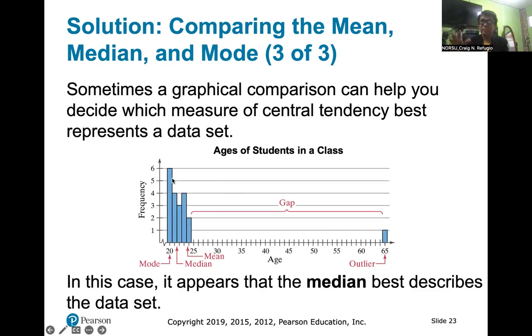There are examples in video number 1 about measures of central tendency, that looking at the graph, if we determine the mode, that refers to the tallest as found in the graph. And then the mean is on the right side, and is being affected by the outlier. If you look at 65, it is an outlier. This is very far from the majority of the data. So in this case, it appears that the median best describes the data set.